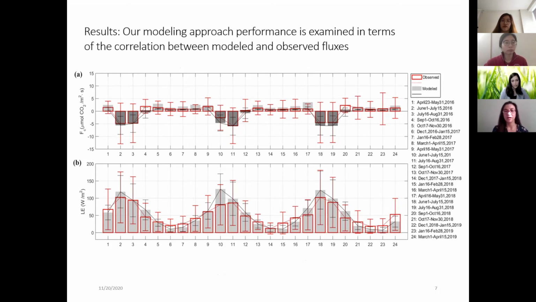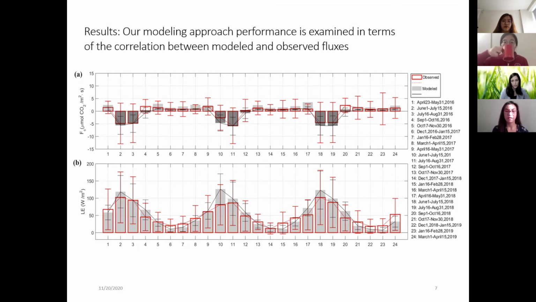So these plots are showing the difference between the Flux Tower observations in red and the modeled in gray for the daily average fluxes of carbon dioxide flux on top and latent heat flux below. So we can also plot the error bars showing the standard deviation of the daily average over the 6-week periods that are the lines in red, and also the lines in black show the same but for the modeling data.